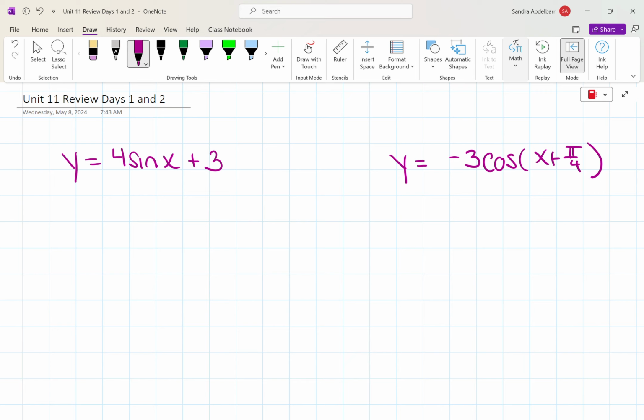So do you guys see in the first one how there's no parentheses, there's no additional pi's?